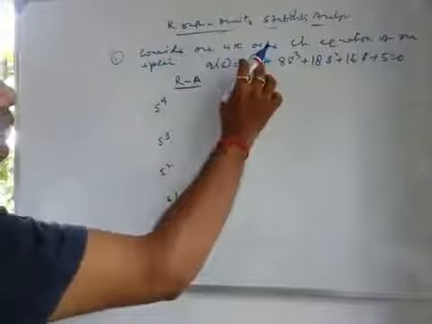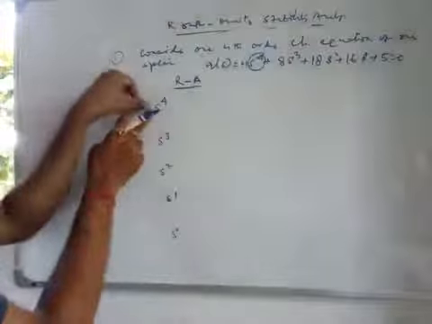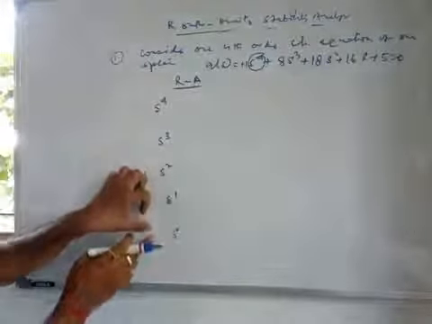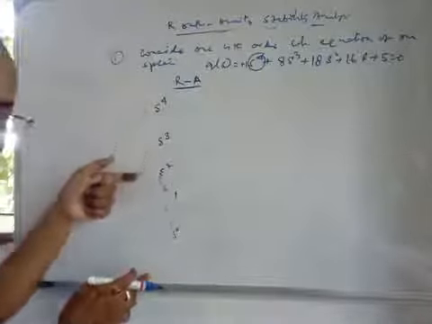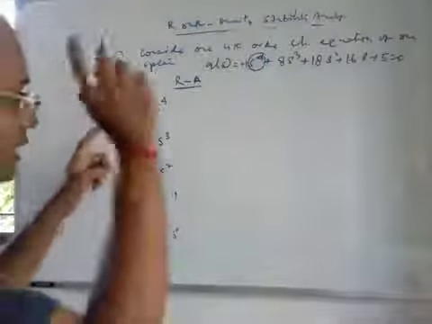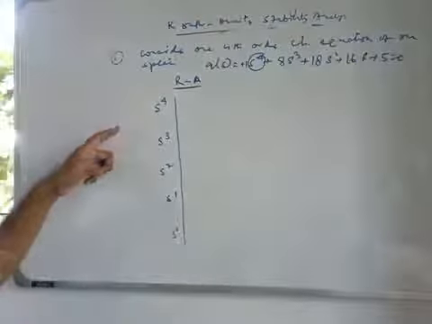If the characteristic equation is of fifth order, then this will be s^5, s^4, s^3, s^2, s^1, s^0. If this is sixth order, then s^6, s^5, s^4, s^3, s^2, s^1, and so on up to s^0. Right?